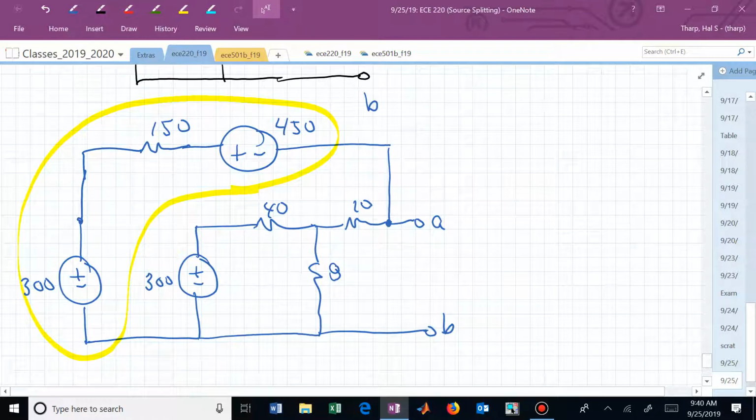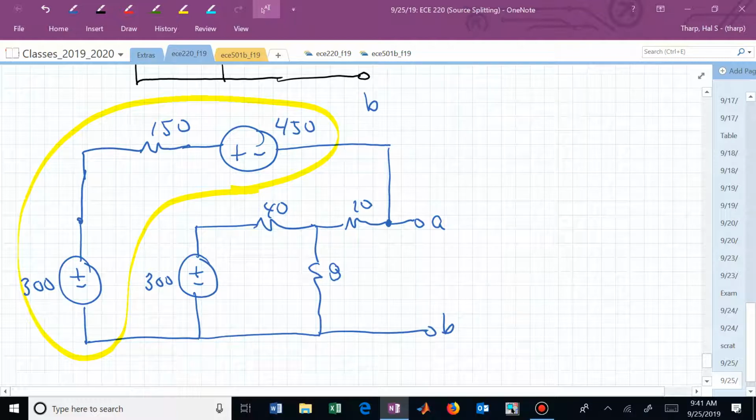If I combine 300 and 450 with the appropriate algebra on the polarity symbols, how do I want to combine those? Those are opposing each other, are they not? I have a net 150 because they're going against each other, and which one's more powerful?